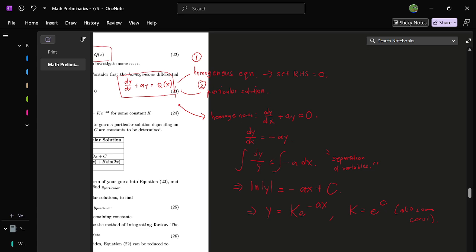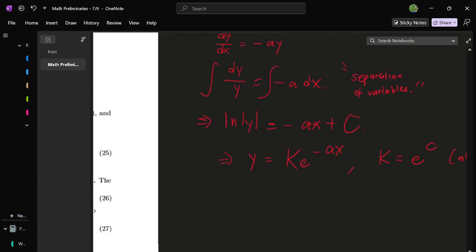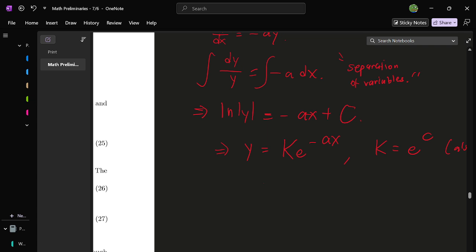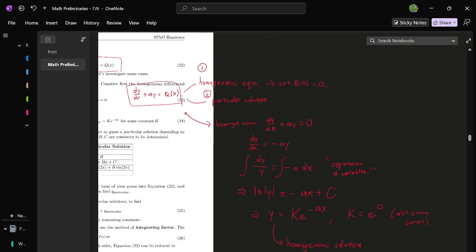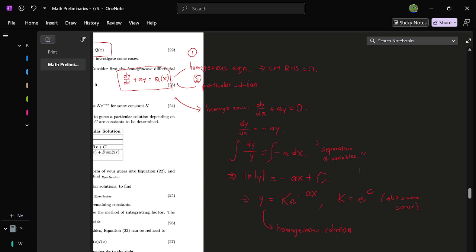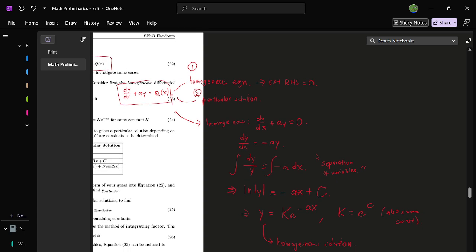So you have found this solution by solving the homogeneous equation. So we can just call this the homogeneous solution. But you might ask, but we treated one side to be 0.